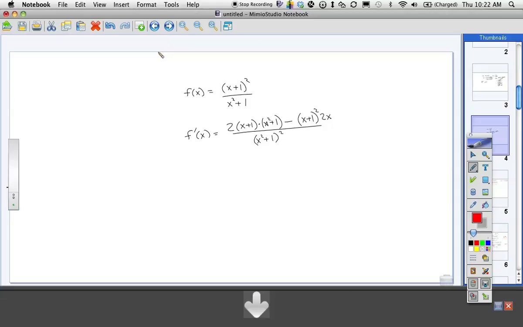Now I was first thinking that, because I've got x squared plus 1's down here, I could factor an x squared plus 1 out of both of these, but I can't, right? This one doesn't have an x squared plus 1, it has an x plus 1. This has an x plus 1. I could take an x plus 1 out, I could take a 2 out, but none of those would cancel with anything down here. See what I mean? So any factoring I do on top would mostly just be rearranging stuff. So it would be unnecessary.